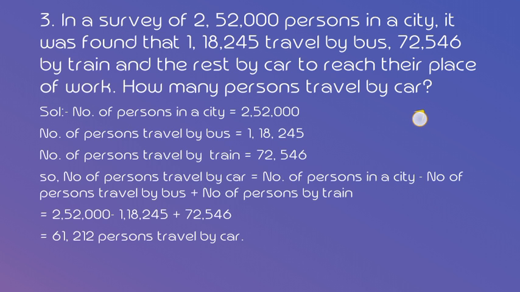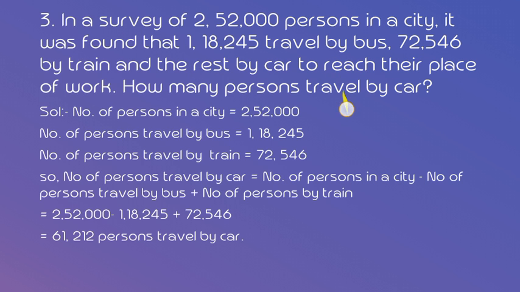See children, this 1,18,245 persons travel by bus and 72,546 travel by train, then you have to find how many persons travel by car. So total number of persons minus persons who travel by bus plus persons who travel by train.